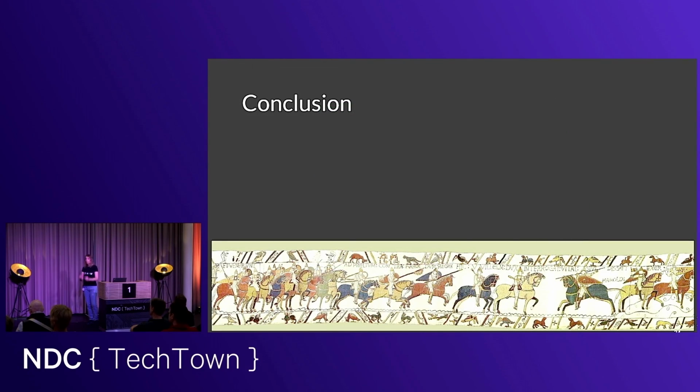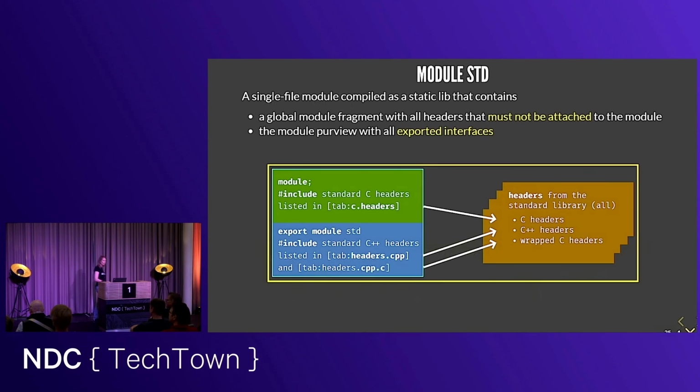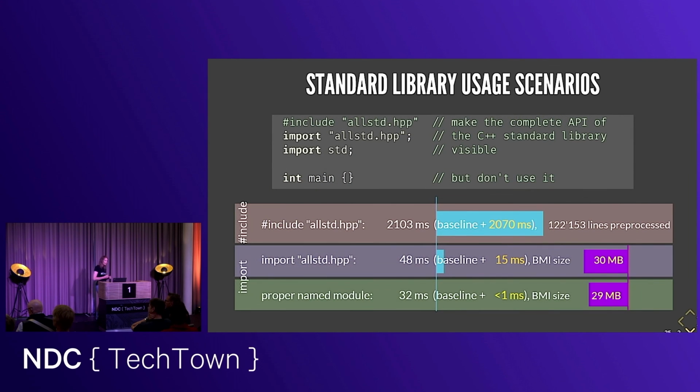So what's my conclusion from all that I have been showing you? If there is one thing I would recommend, even if you don't want to use modules on your own, please consider using the standard library as a modularized standard library. The reason for that, you can see it here.